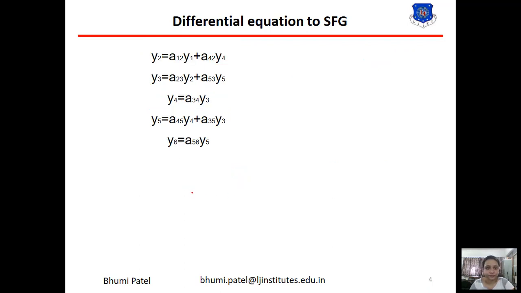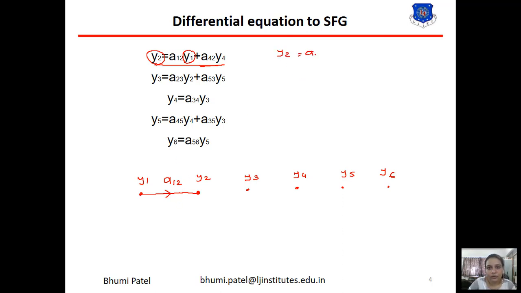Step number 1: the first equation is y2 is equal to a12 y1 plus a42 y4. We put the first node y1, the second node y2, the third node y3, the fourth node y4, the next one y5 and the next one y6. We start from y1 and always end at the output. The starting point is y1, the ending point is y2, and the gain between the two nodes y1 and y2 is a12. So this is the signal flow graph of y2 equal to a12 y1.